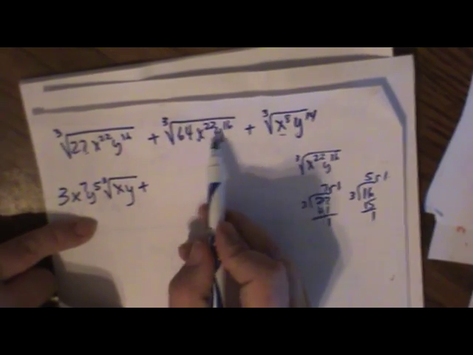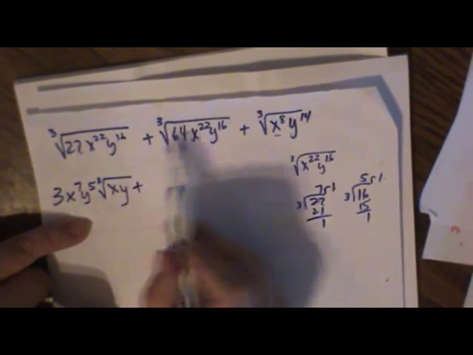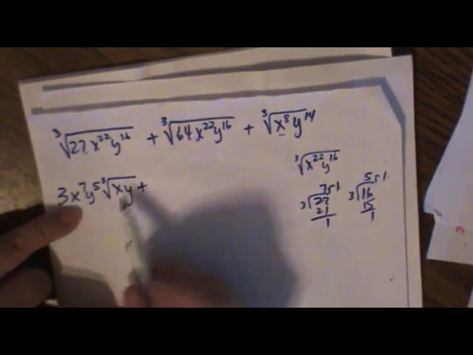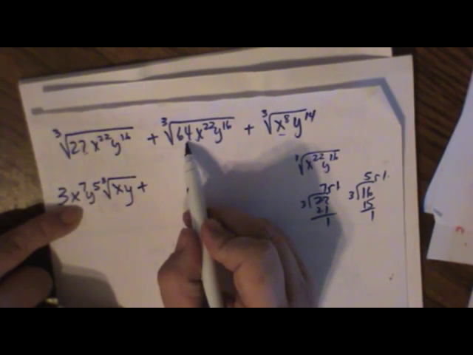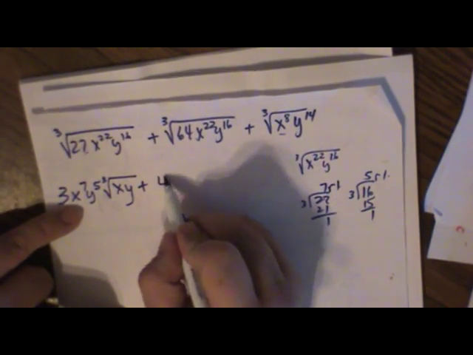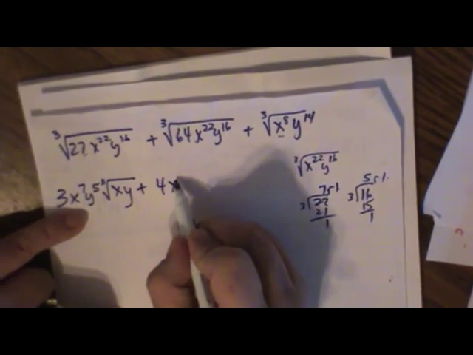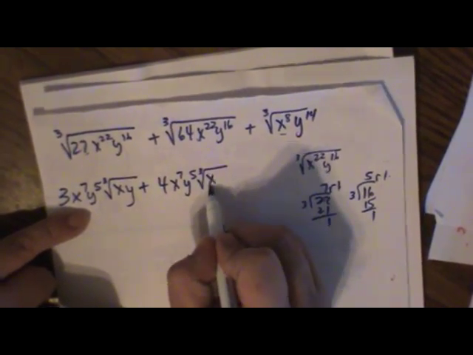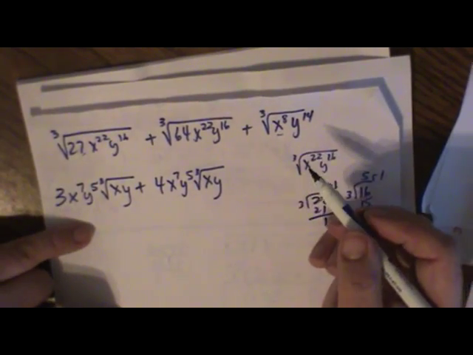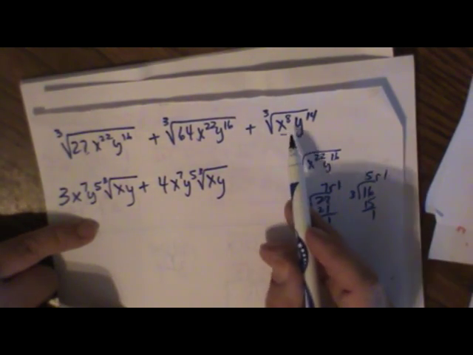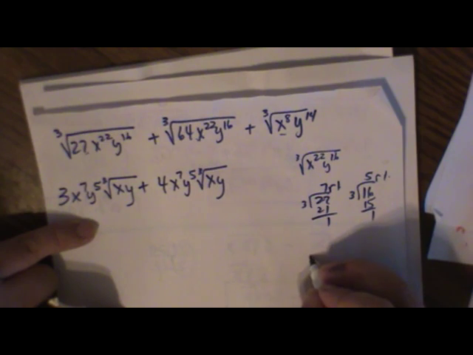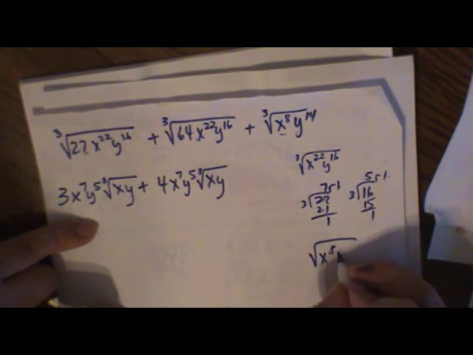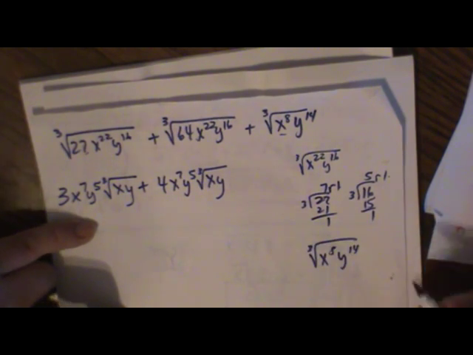And since this one has the same exponents, we're going to have the same tag as right here. But the cube root of 64 is 4. So it's 4x^7y^5 times the cube root of xy. And let's see, what do we get when we take the cube root of this one?